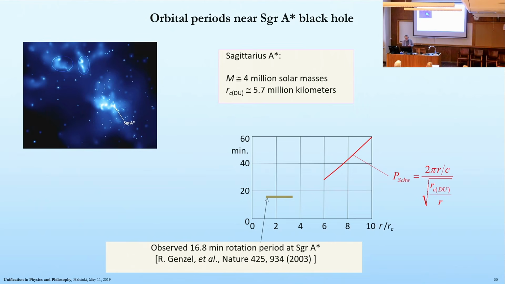With a Schwarzschild black hole, the minimum is here. It doesn't give orbits below. Sorry, losing my mouse. Oh, here we go. Here. But when we look at the prediction for the period in dynamic universe, we get an extra factor here in the square root, and it gives a curve like this, which matches very, very nicely to the values here.